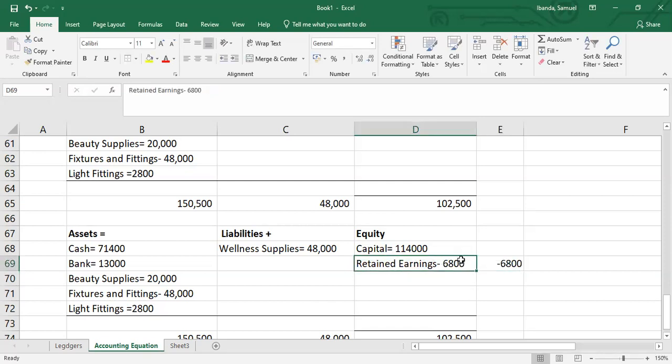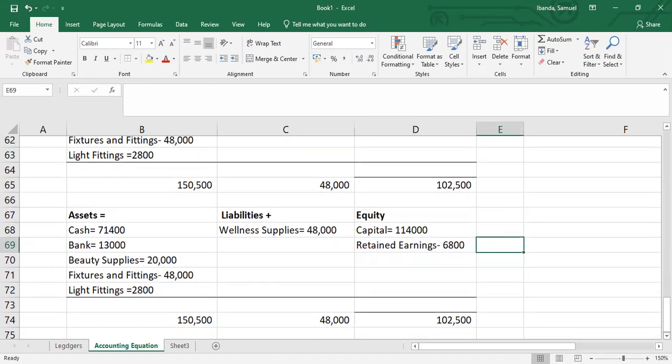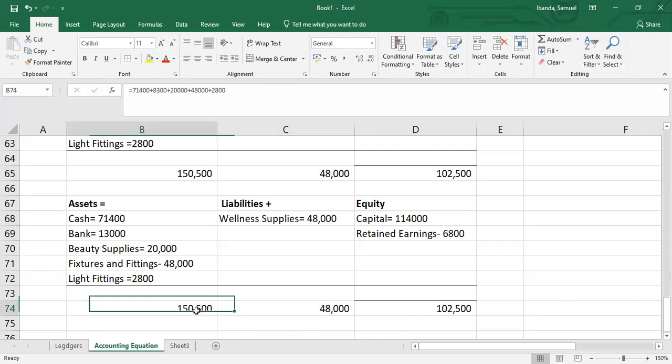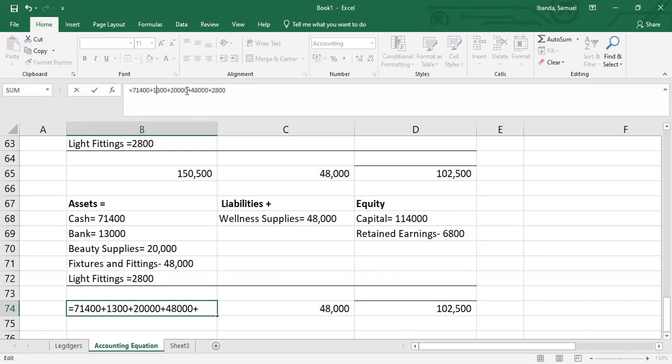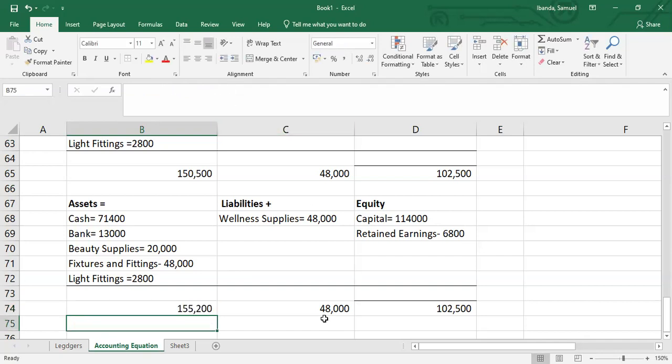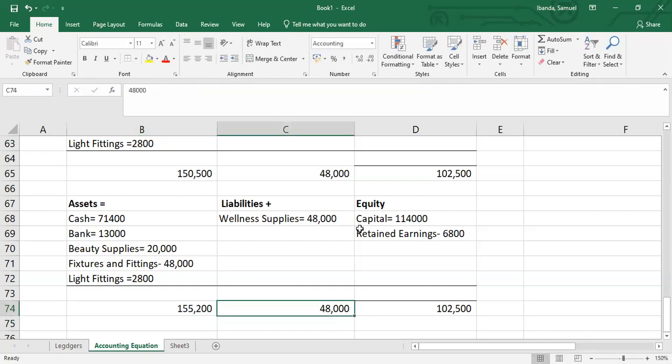Yes, so I'll have negative 6,800 there. When I try to do my totals here, bank has changed. It's no longer 8,300. It is now 13,000 plus 20 plus 48 plus that. Wellness remains the same.